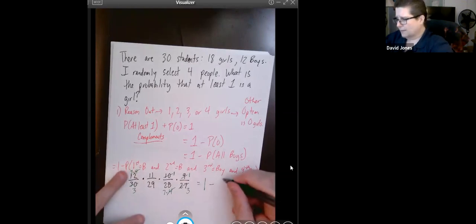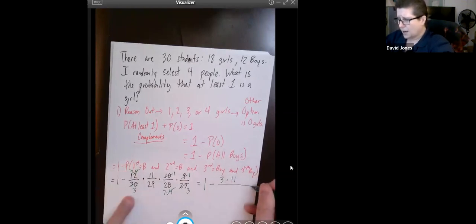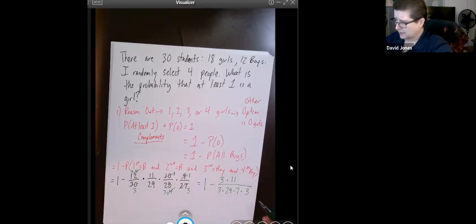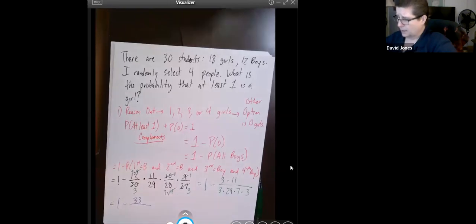I got 1 minus 3 times 11 on top. On bottom, I've got 3 times 29 times 7 times 3. All of those are prime numbers. That doesn't get any cleaner. So that is 1 minus 33 on top. 3 times 29 times 7 times 3 is 1827 on bottom.